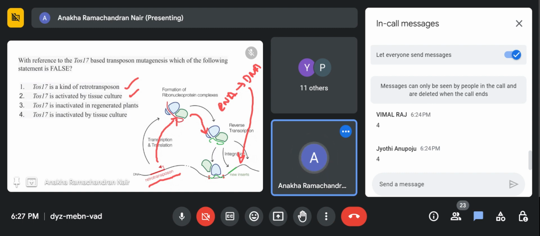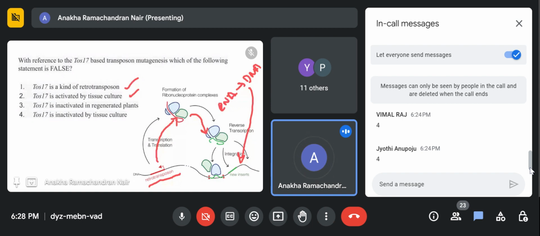Like, are you typing? I can't see anything in the chat itself. All right. Since I'm not seeing anything in the chat, I'll assume there wasn't a doubt.